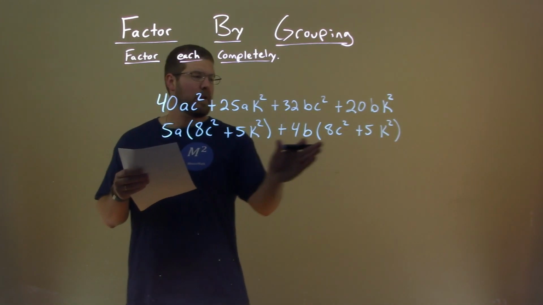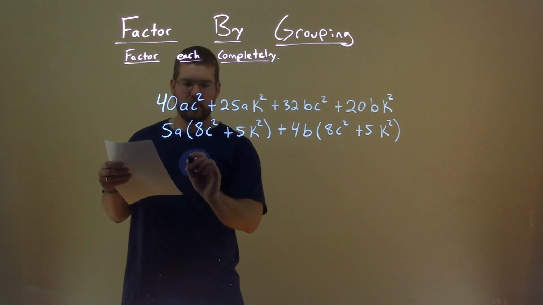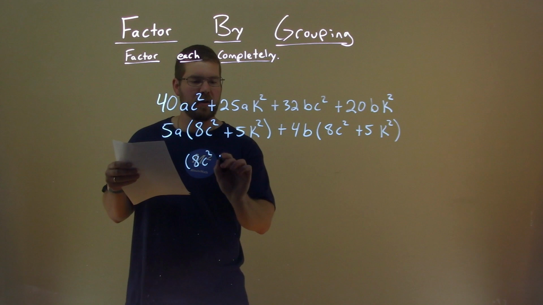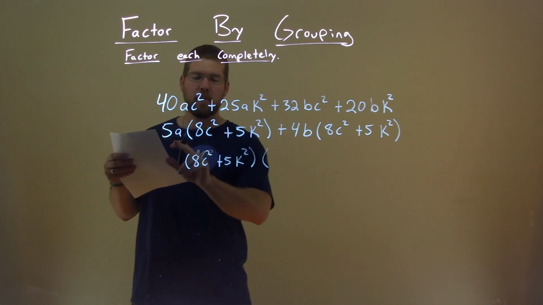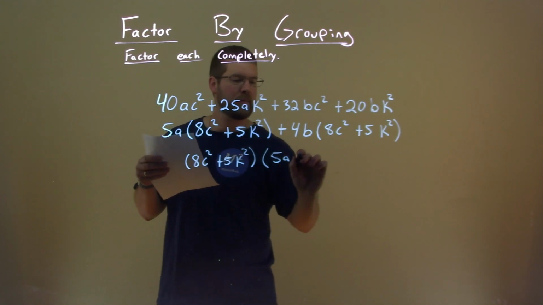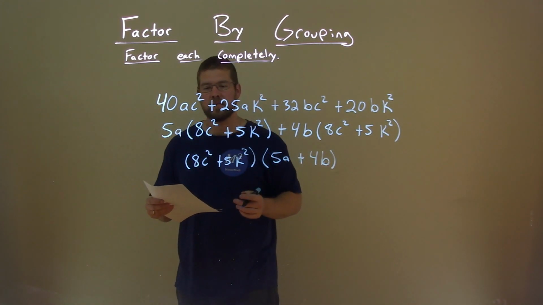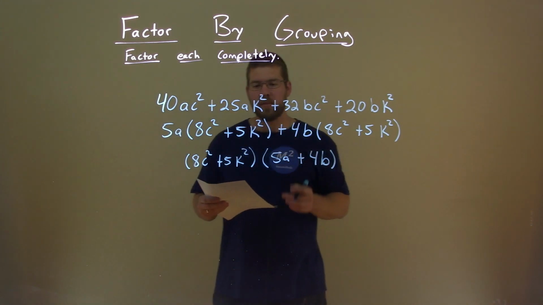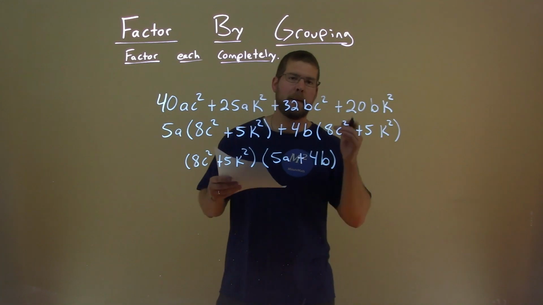We can take that parenthesis and pull it out from both of these parts. And we're left with, bring down the 5a, bring down the 4b, and that is our final answer. 8c squared plus 5k squared times 5a plus 4b.